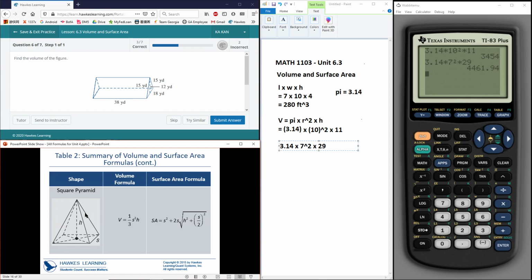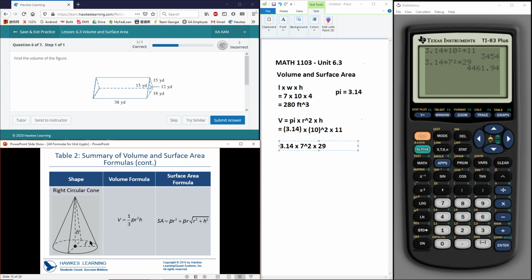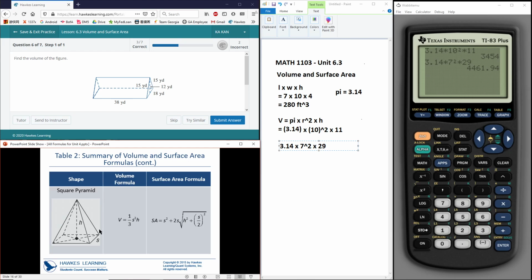This one, you just gotta keep looking. It's not this one. This is a cone, which has a circle on the bottom. This guy has a rectangle at the bottom. So the formula is V equals 1/3 times S squared times H, the height. S is the side at the bottom, which says 18.